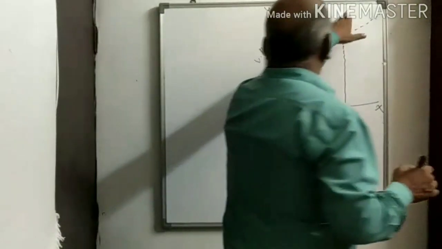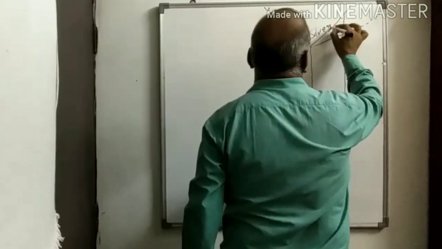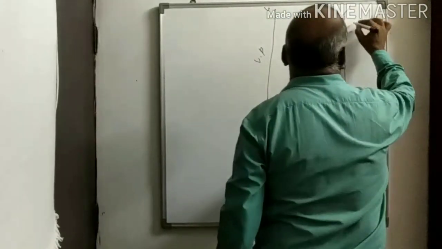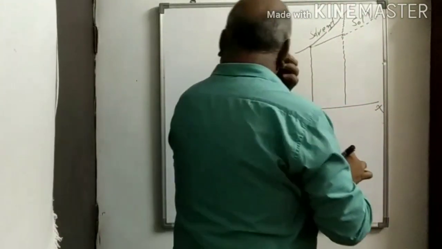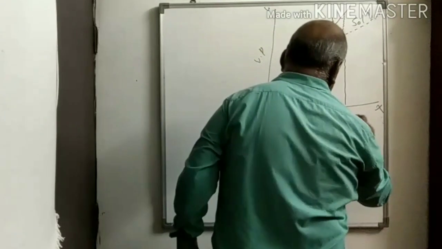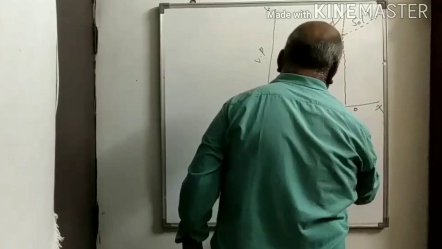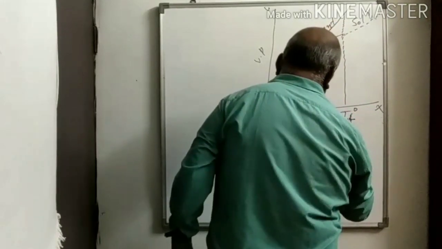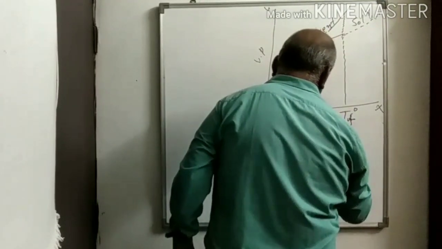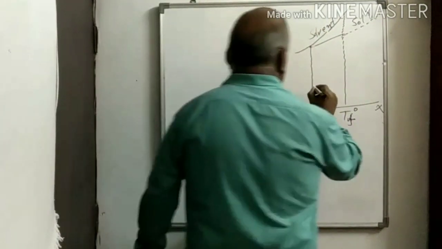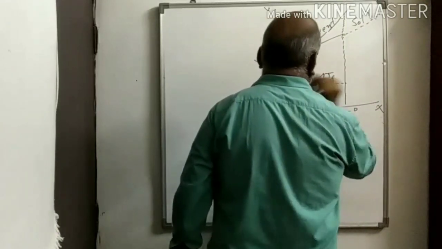This curve represents the value of solvent, and this curve represents the value of solution. Okay, this temperature is Tf naught, and this point is Tf, and the difference is delta Tf.